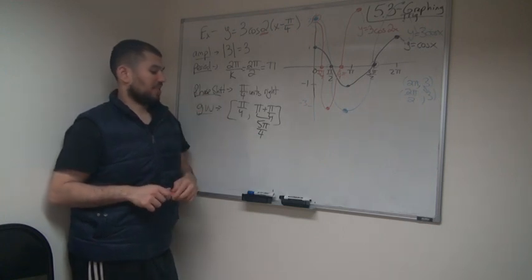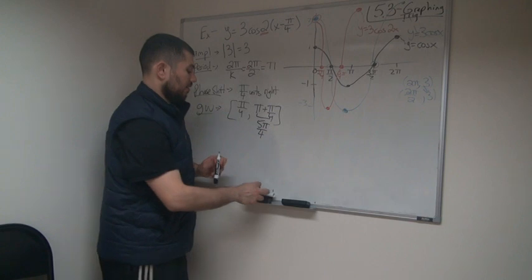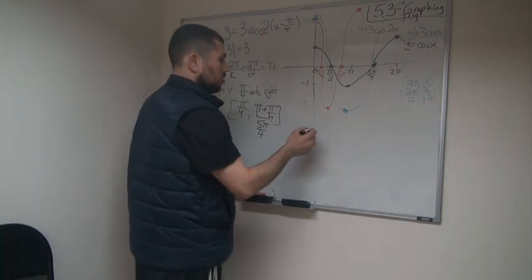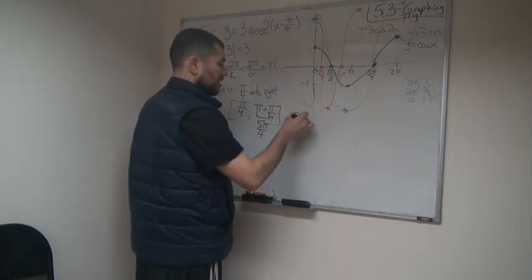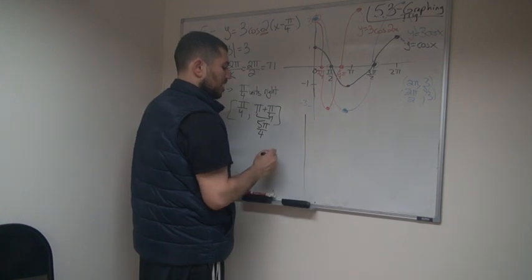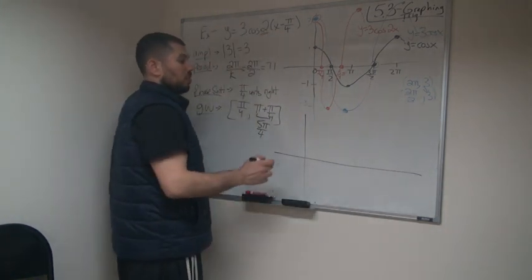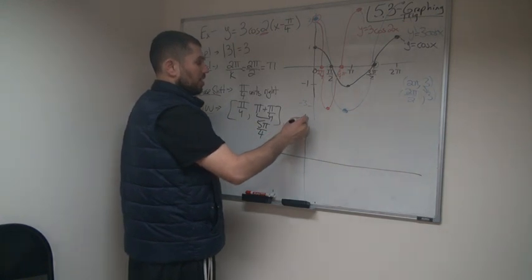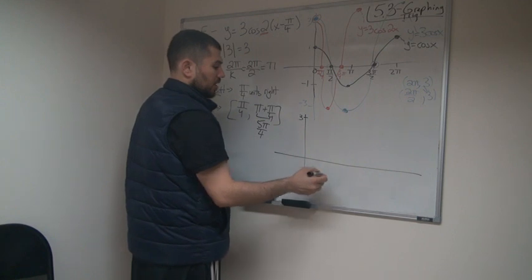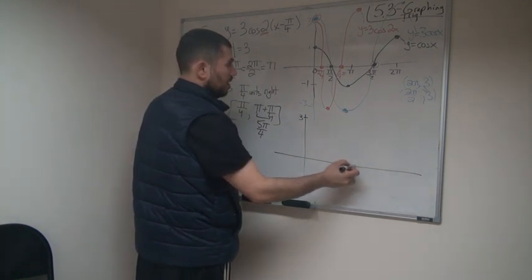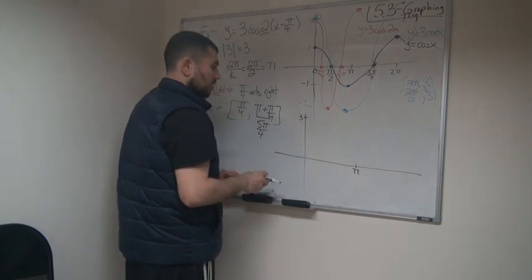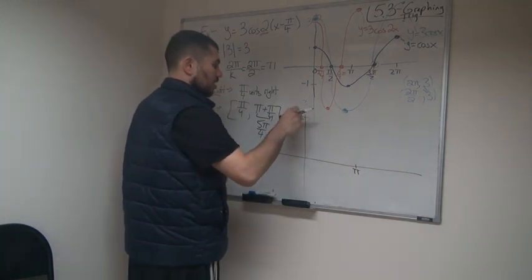The phase shift, that's the final piece, that's what's going to give me the final graph. So I'm going to graph this on a different set of axes, like I usually try to do. So here, my full down-up cycle of cosine, I'm going to take the red graph, started at 3 and ended at pi comma 3. So let me redraw the red graph.